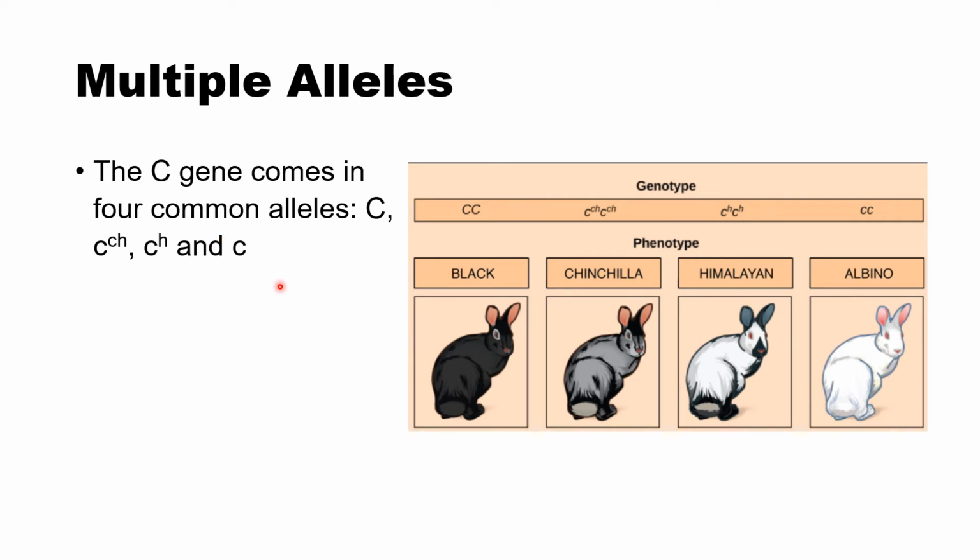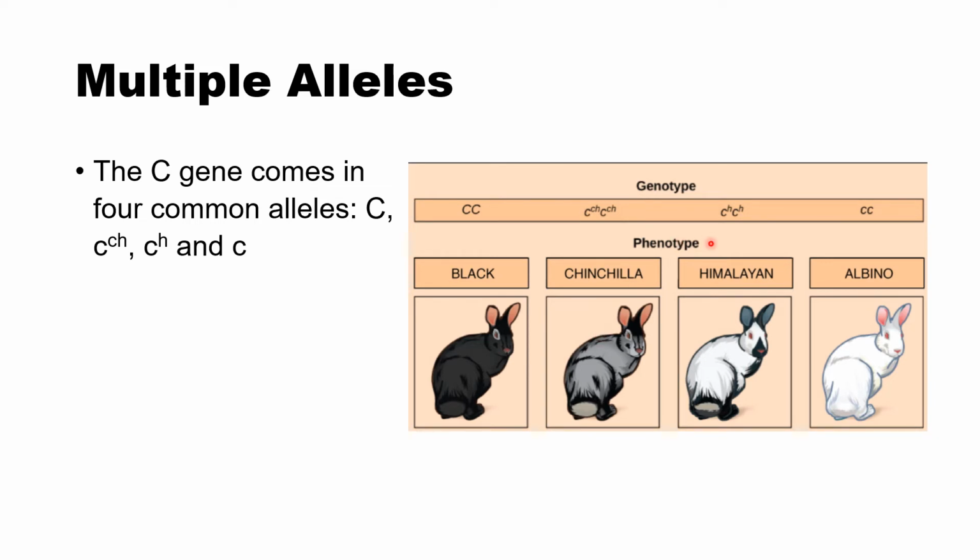So for the dominant allele C, it will dictate yung color na black. While yung recessive allele C with CH, it will dictate yung color na chinchilla na tinatawag. Parang black siya pero more on gray.